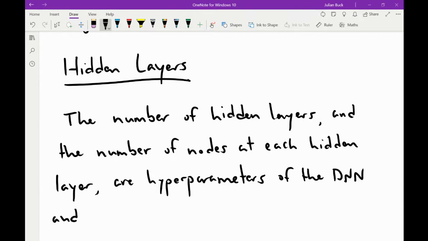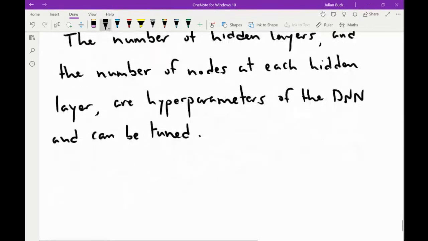And this is something we'll talk about next week. So the idea is you can initialize a certain number of them, but then you can tune the number of them as well, in both cases, the number of hidden layers and the number of nodes at each hidden layer, and that can vary from one hidden layer to the next. Okay, so we're not going to say too much at the moment. We'll talk more about the specifics when we do get to talking about tuning them.